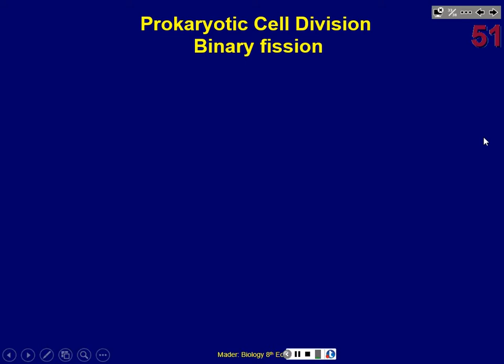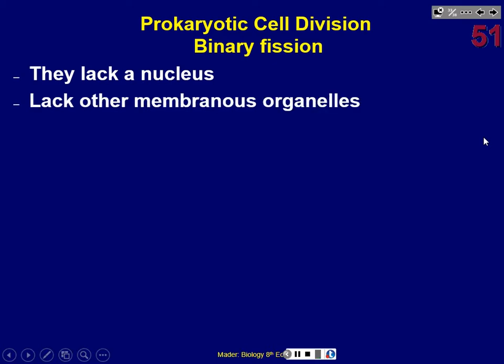They also don't have a whole lot of those other organelles that we talk about, and they have one single circular chromosome. What's the area called where that chromosome exists? The nucleoid. Yes, very good.